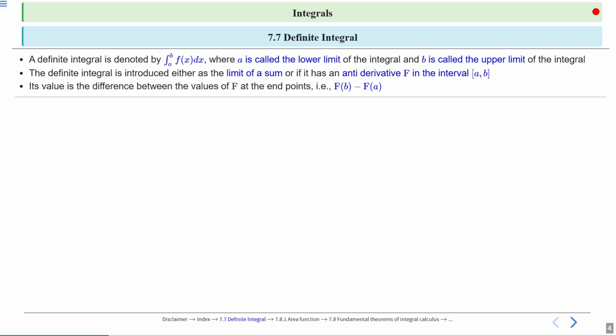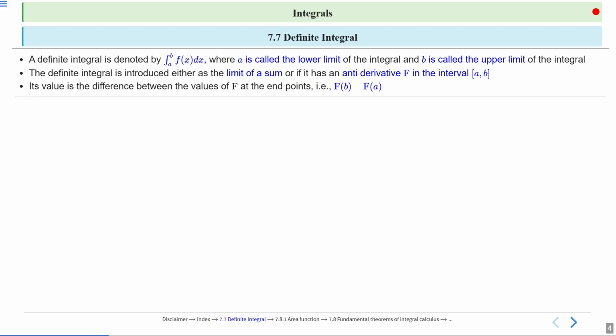So for a particular function, there is a collection of indefinite integrals because there is a constant of integration. When we integrate x, the value is x square by 2 plus c. In place of c, we can substitute many values. So there is a collection of indefinite integrals.